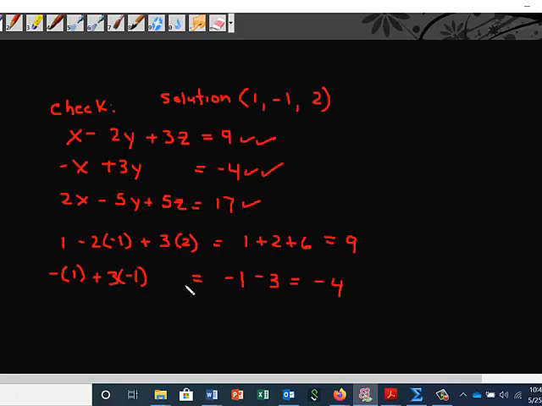So do we leave it as it is? Oh, we know that this answer is correct. Let's just pack it up and go home. No, no, no. You have to test this equation too because you never know.